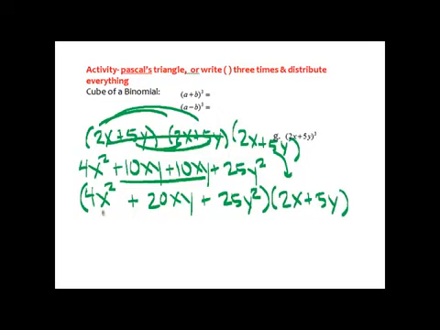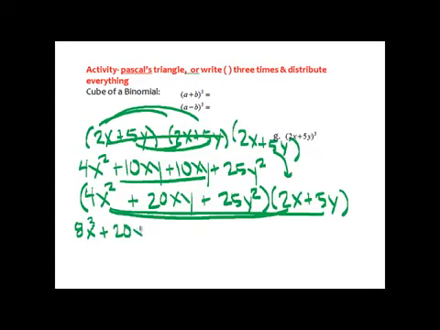Alrighty. Now I got to distribute again. I'm going to have to write a little bit smaller because I'm running out of room. 4x squared times 2x is 8x cubed. Alright. 4x times 5y is 20x squared y. And we're done with that one.